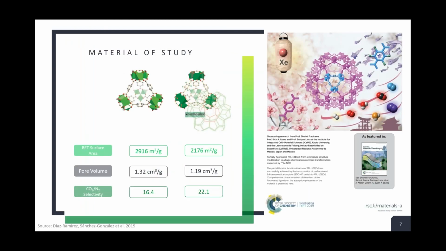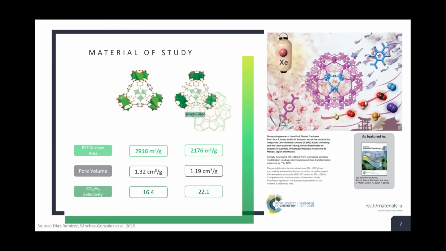So in order to highlight the tunability and bifunctionality of MOFs, we chose a fluorinated MIL-101 as our material of study. This material was synthesized by our collaborators from Mexico City, and it is a result of the successful partial fluorination of MIL-101 chromium.